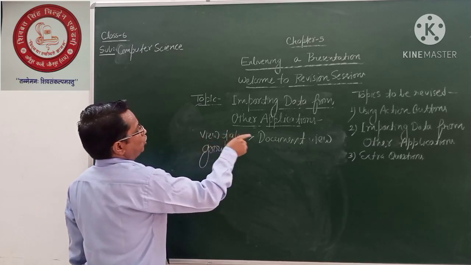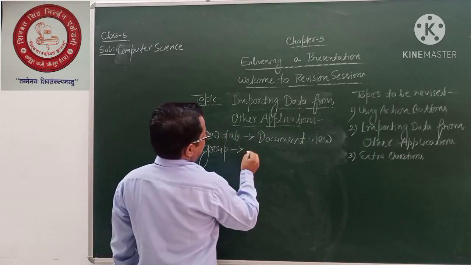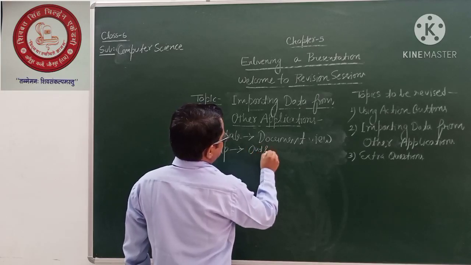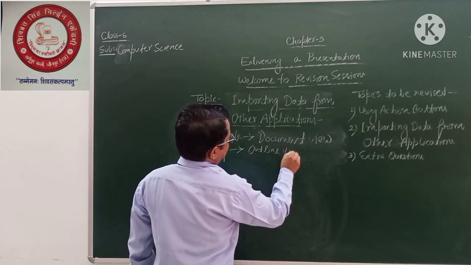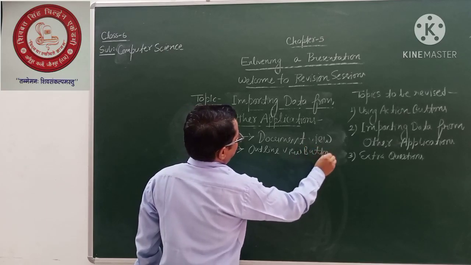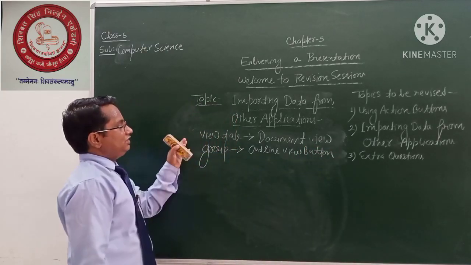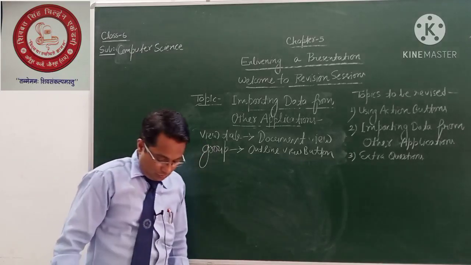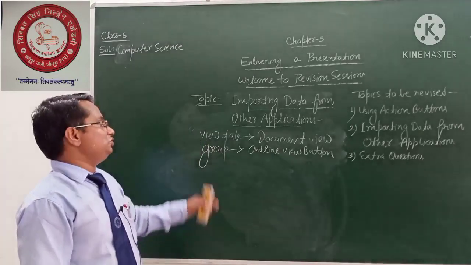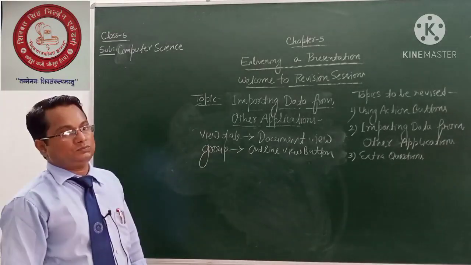Right? View tab, Document View group. Then you have to go to the Outline View button. Just follow this. Once MS Word is open, you have to follow these steps.